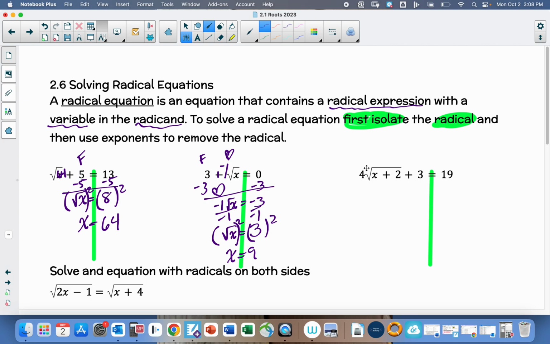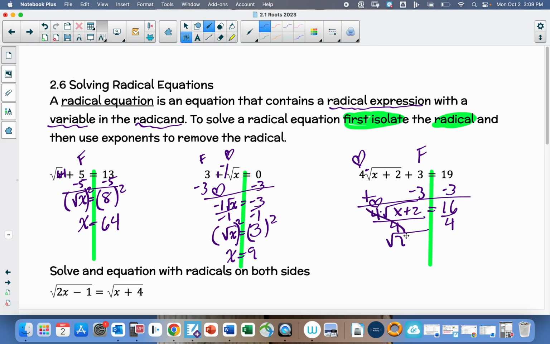For this next one, I'm trying to isolate the radical, and I see connected by multiplication is the 4, connected by addition is the 3. So I get rid of my friend first. That gives me 4 radical x plus 2 is equal to 16. And then to get rid of the 4 that's connected by multiplication, I'm going to multiply by its reciprocal.